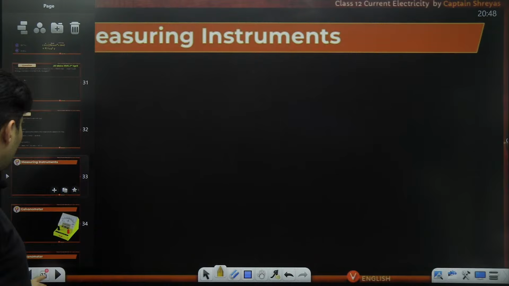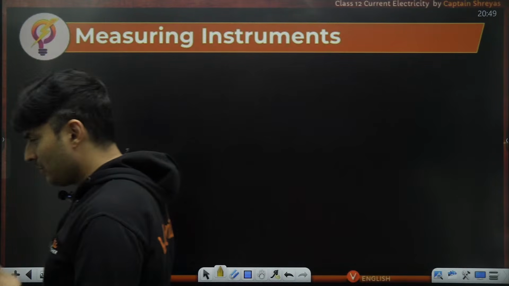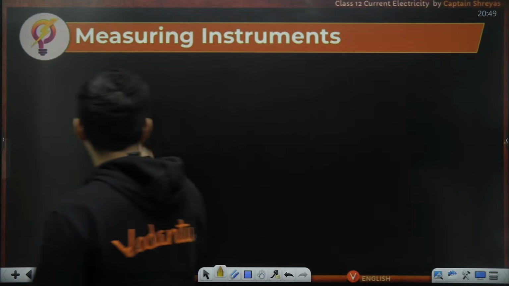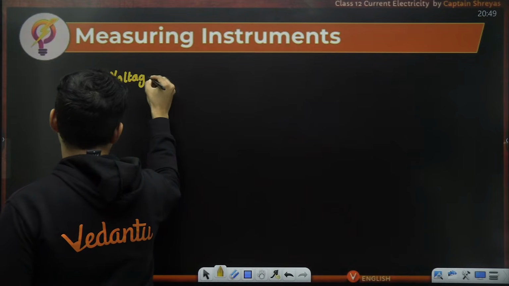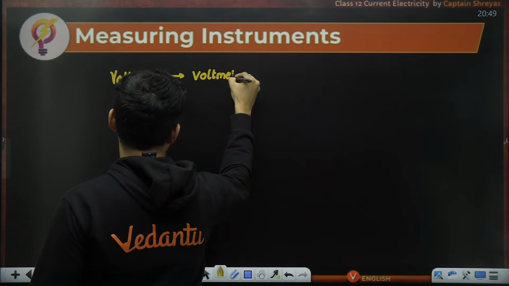All right, so those were some power related concepts. Let's move on to measuring instruments. Now, these three measuring instruments: one for voltage, one for current, and one for resistance. In order to measure the voltage, we have something called the voltmeter.